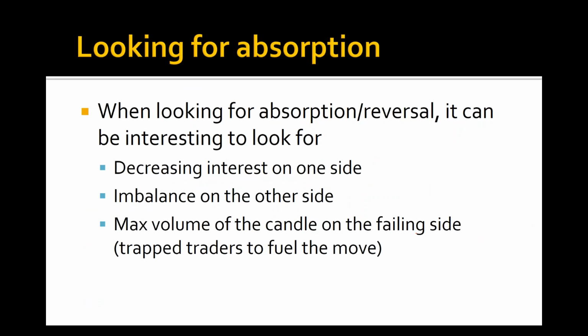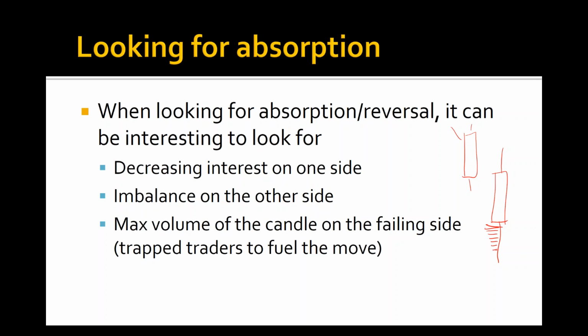reversal signals. Okay, so what we want to do if we want to detect some kind of reversal is suppose that the market is downtrending, so we are getting down candles, and the market is going down. If you want to spot a reversal, what would we like to see? To have some kind of probability of a reversal, we would like to see a fading interest in selling.